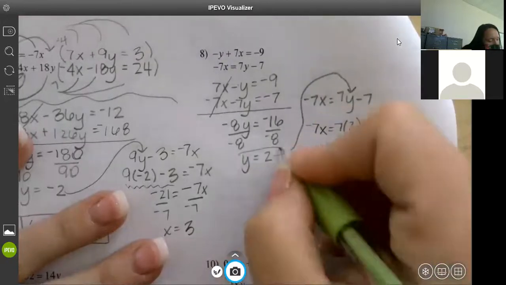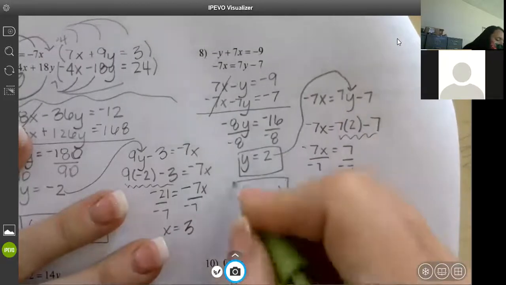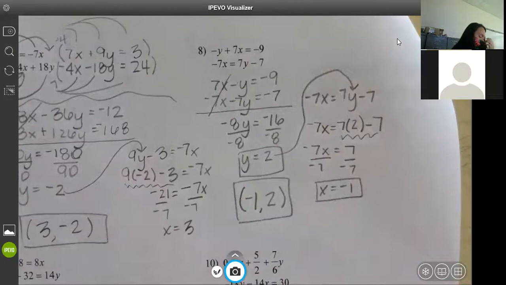And we get x equals negative 1. Your coordinate is x, y, or negative 1, 2. Any questions? Always tell me. Always.